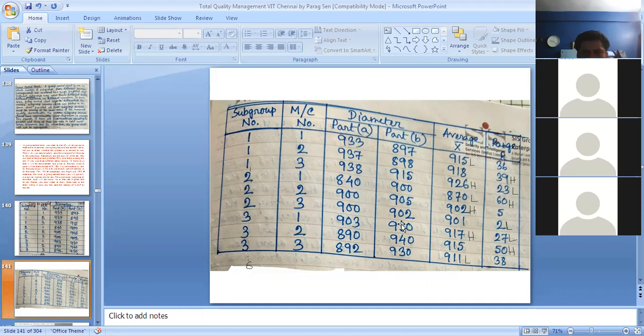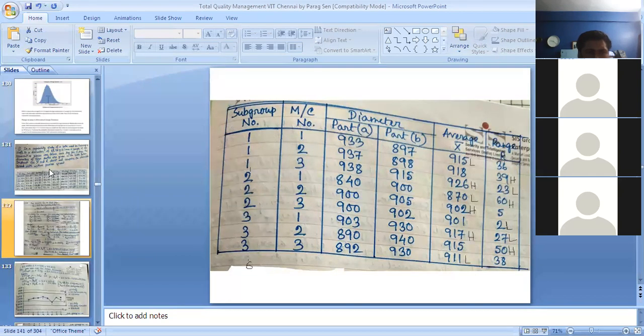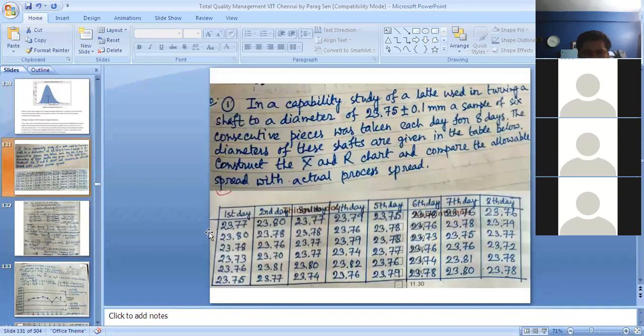Sir, what is the meaning of subgroups and MC, sir? MC means the machine number. For example, lathe: this is first lathe, this is second lathe, this is third lathe. The data given here is for the first lathe. Another 6 rows are there for the second lathe, and another 6 rows are there for the third lathe.